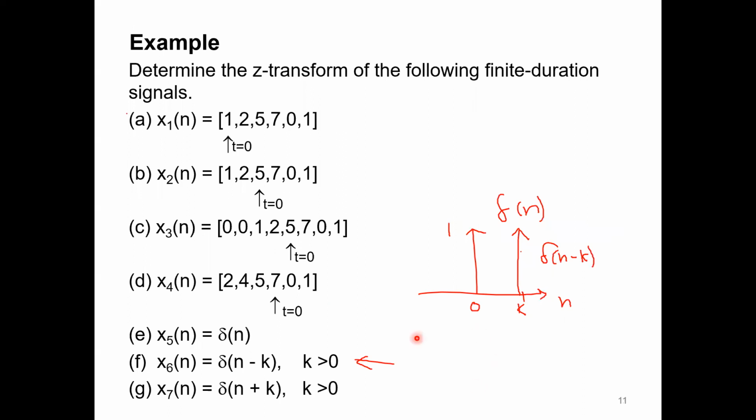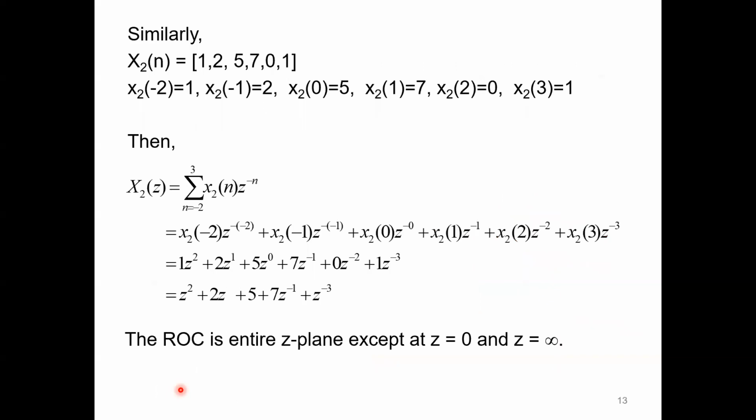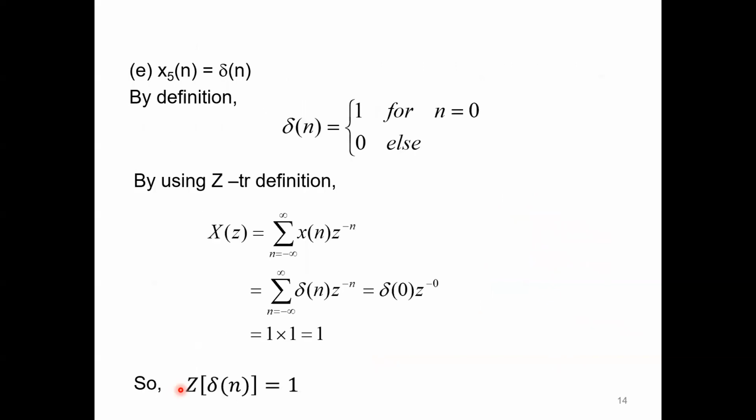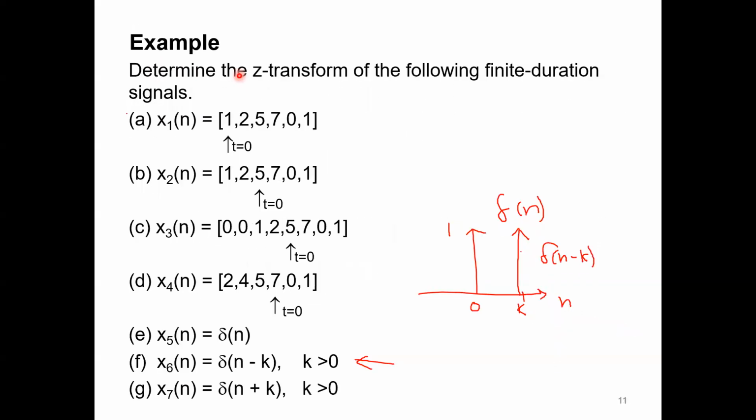I recommend you work out all of these things. Anyway, we'll work out some of these down the line, E, F, or G. Right. Let's take E. The sample sequence is delta n, just one sample, delta n. That is this one.